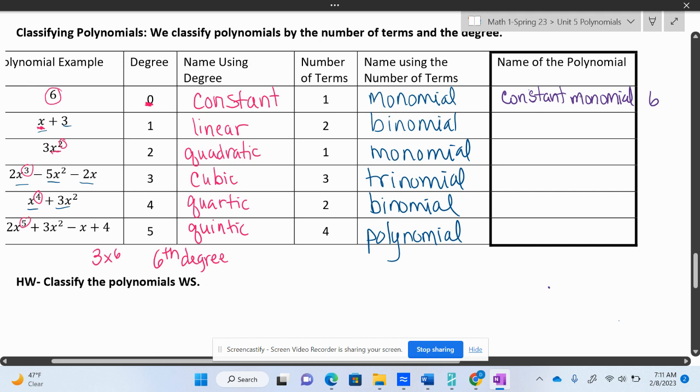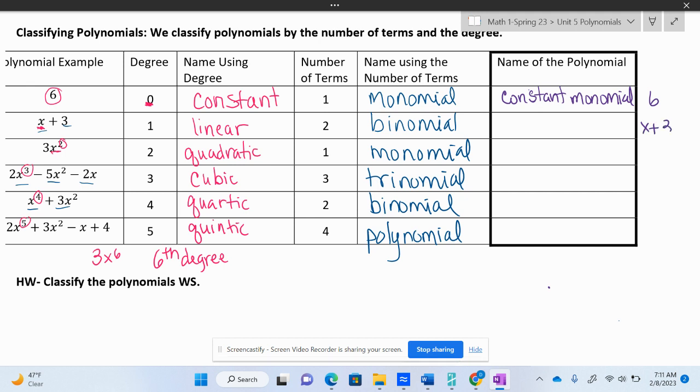The next example, x plus 3, it is called a linear binomial. Our next example, 3x squared, is called a quadratic monomial.